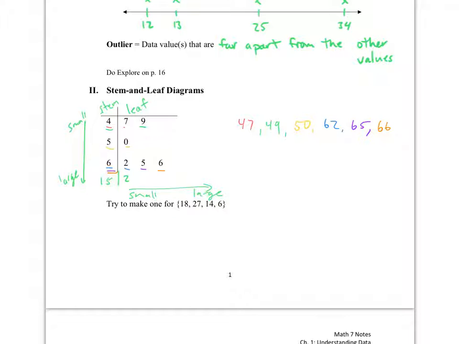Okay? So let's make one here together, and then maybe it'll start to come together a little bit. First I'm going to start off by drawing my stem and my leaf. The stem is on the left side of the line there. The leaves are on the right side.